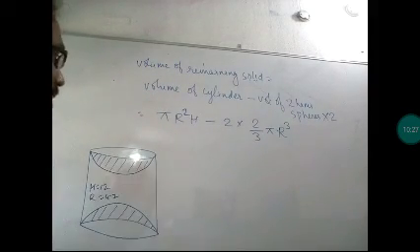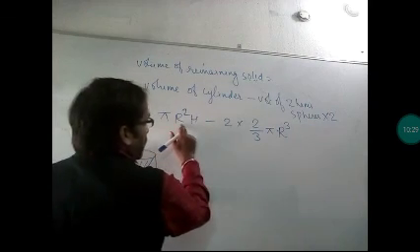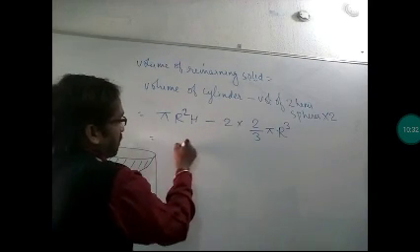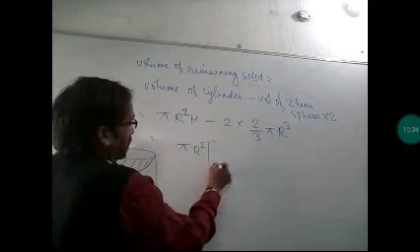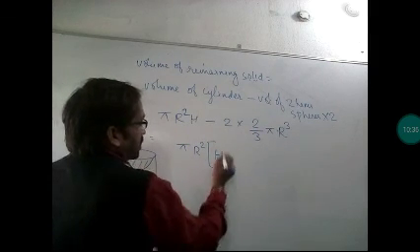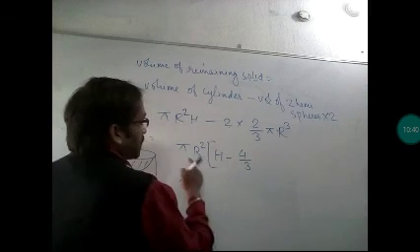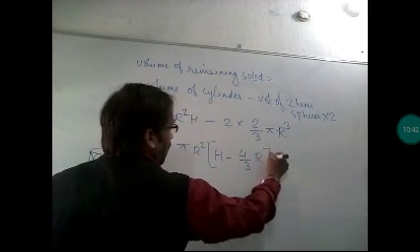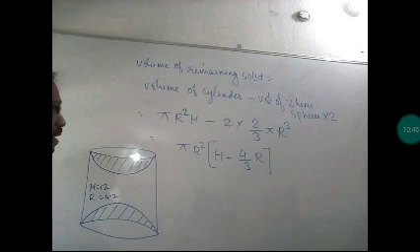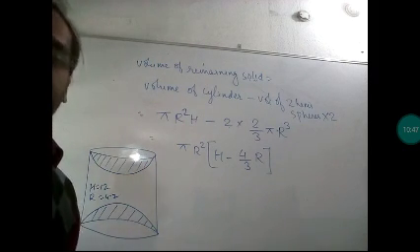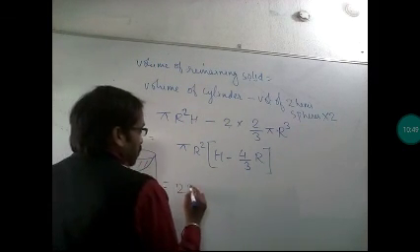Okay. So now that pi r square is common here. That is h minus 4 by 3 r. All the information I have to put here. Pi value is 22 by 7.